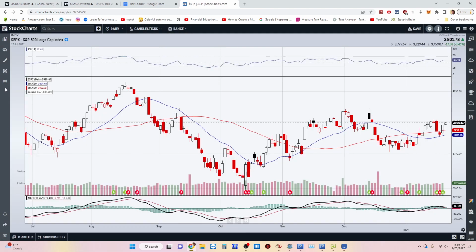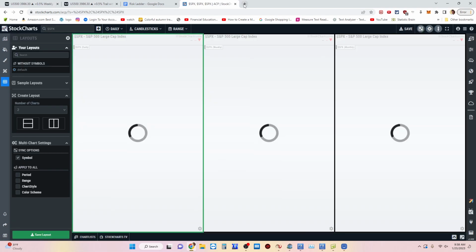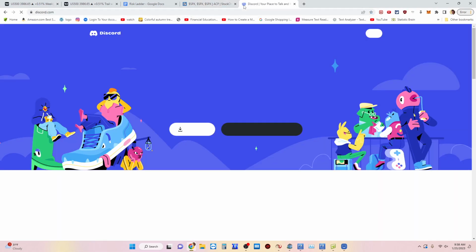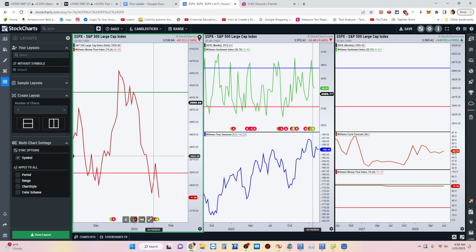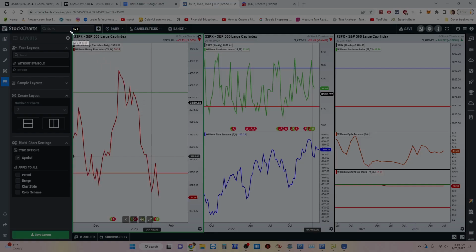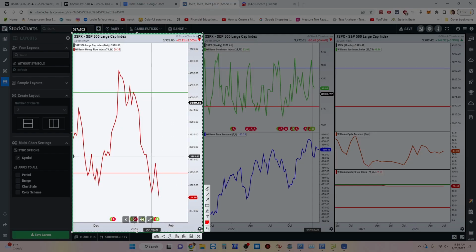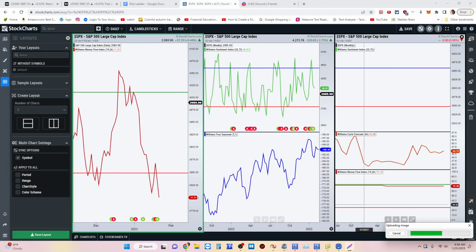So I did promise someone that I was going to put a screenshot in the Discord for these charts right here. So we'll do a screenshot. We'll do one of these.